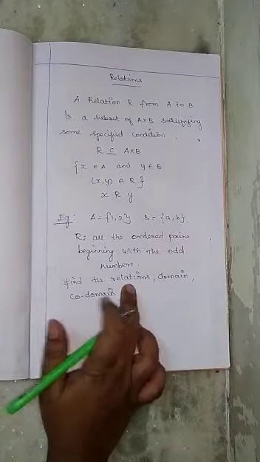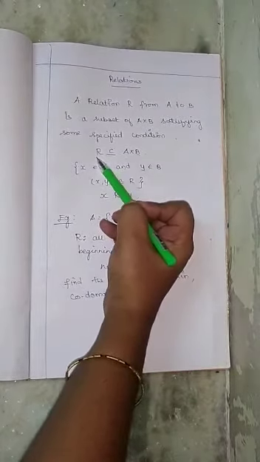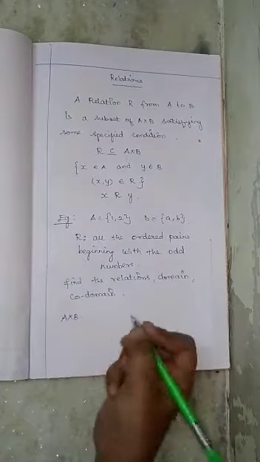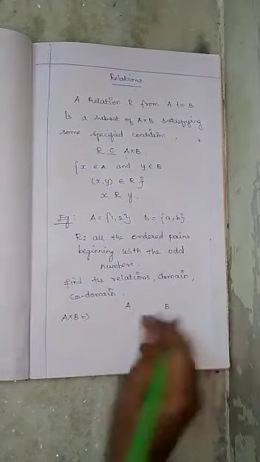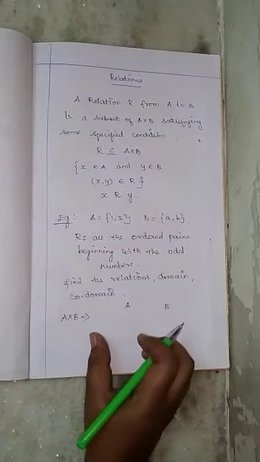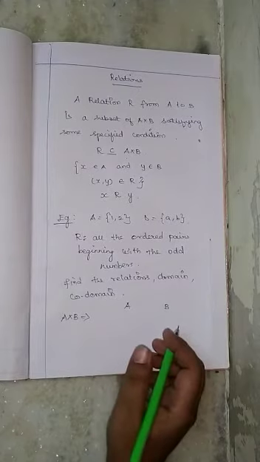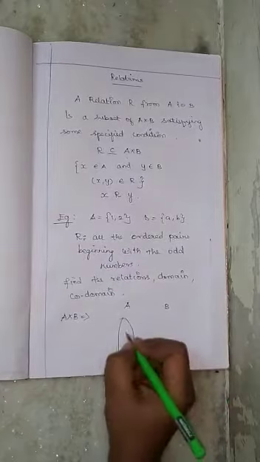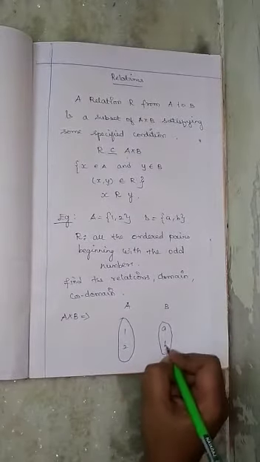Before finding the relation, they have given that R is a subset of A cross B, right? So, first we need to find A cross B. Here we can use ordered pairs, and also an arrow diagram, because an arrow diagram is the visual representation of a relation. The elements present in A are 1, 2, and in B are a, b.